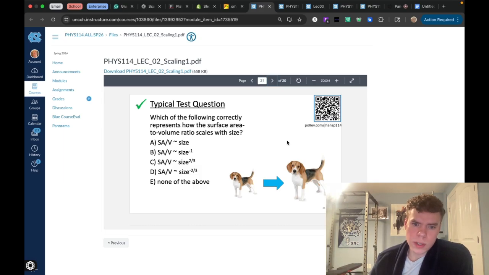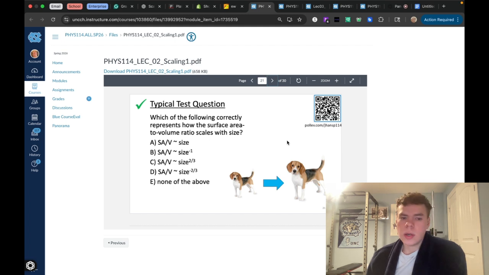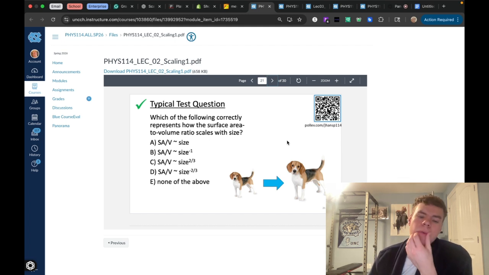Which of the following correctly represents how surface area to volume ratio scales with size? So surface area is on top. We know the surface area is a unit of squared and volume is a unit of cubed. It should just be size to the 2/3. I wouldn't think it would be negative.